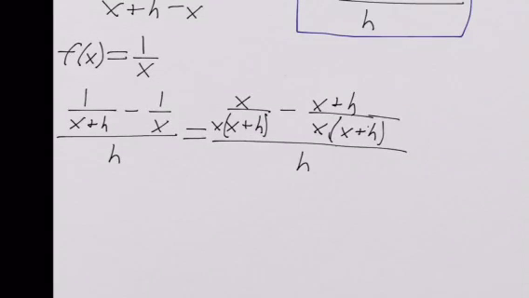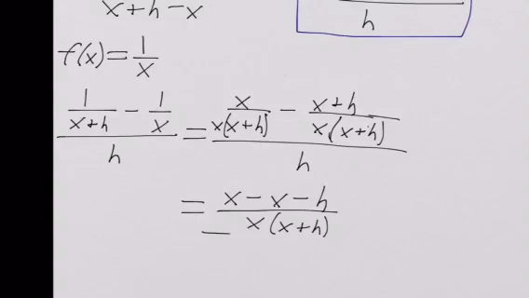And now it's just simplification from here. So I get x minus x minus h over x times x plus h, and then a bigger division sign because all of that's going to be divided by h.